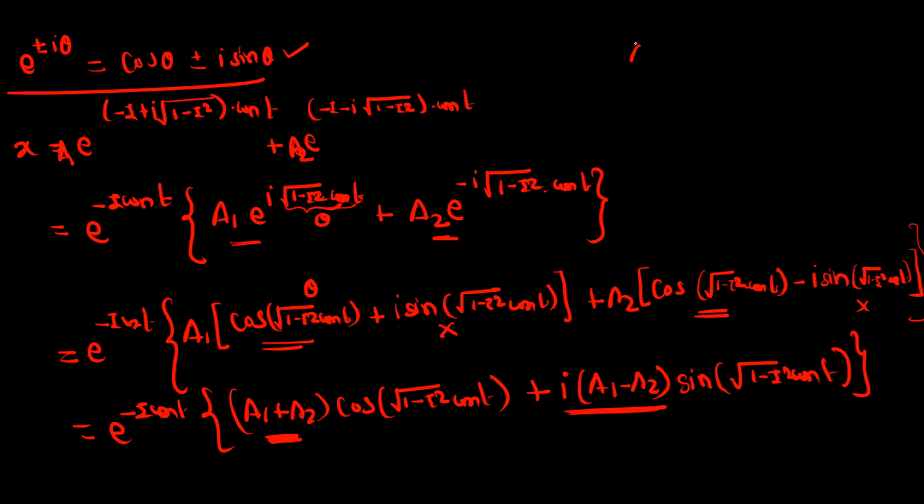Take a1 plus a2 as some constant c1 and I (a1 minus a2) as another constant c2.